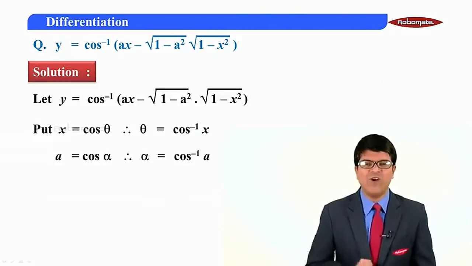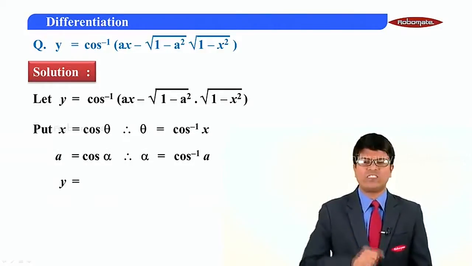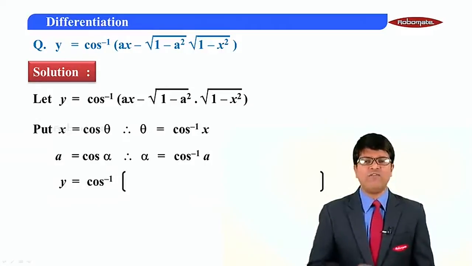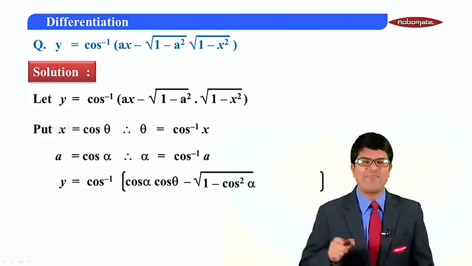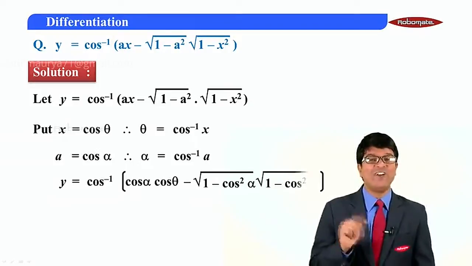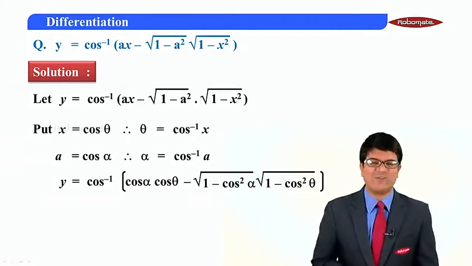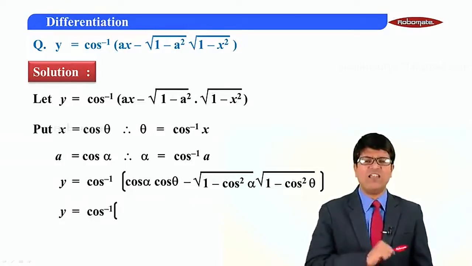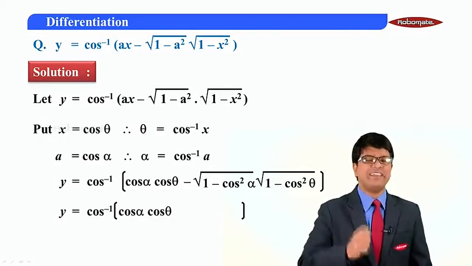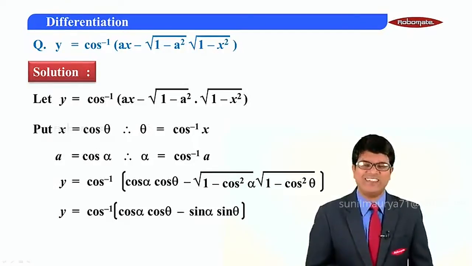Let us substitute: y is equal to cos inverse of cos alpha cos theta minus root of 1 minus cos square alpha root of 1 minus cos square theta. So y will be cos inverse of cos alpha cos theta minus sin alpha sin theta.